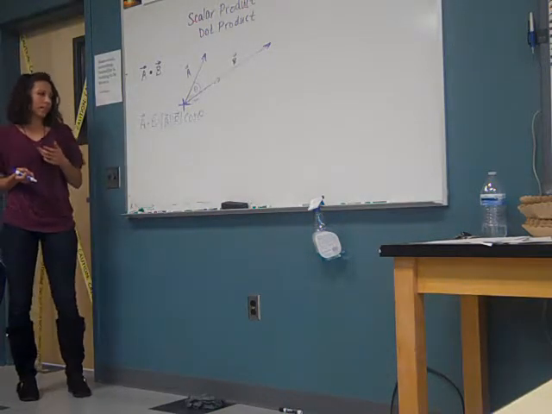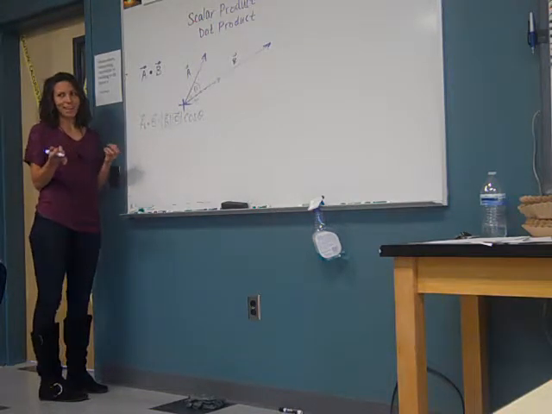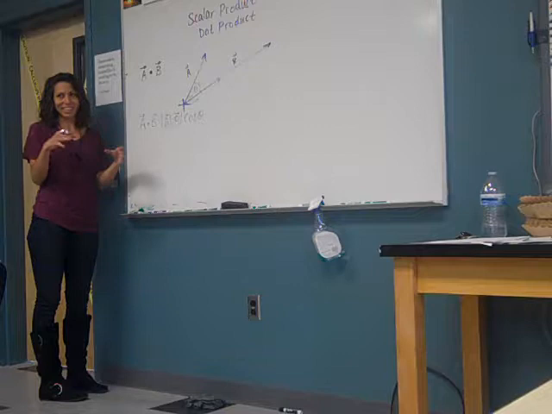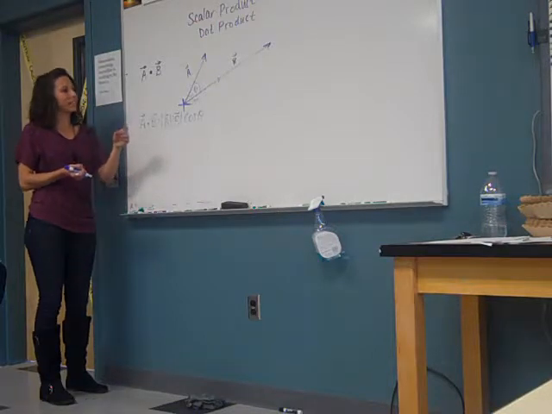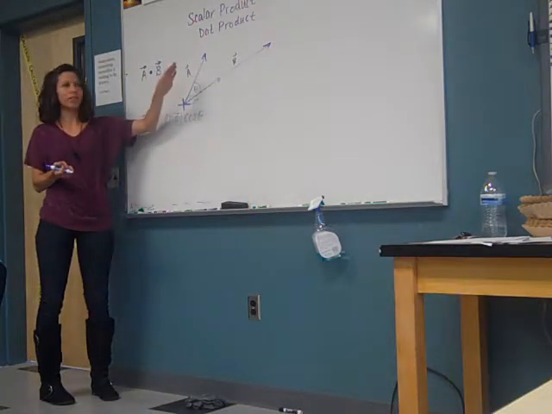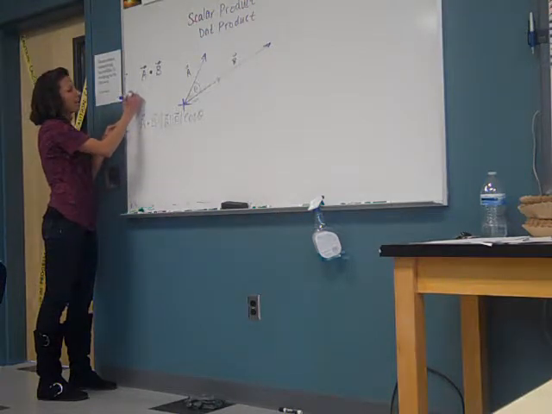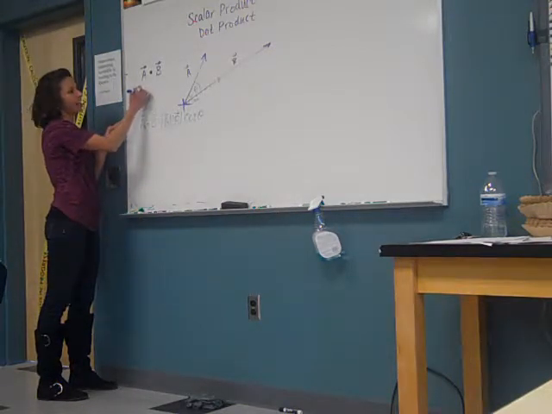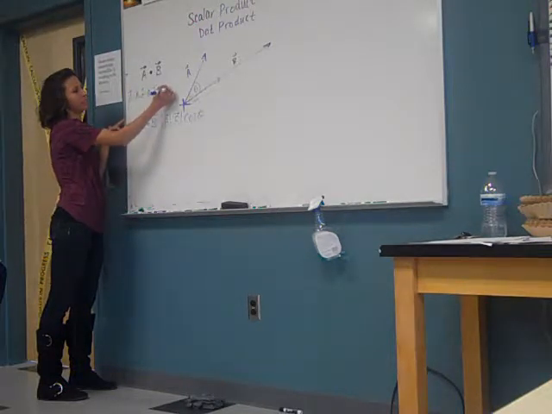The other way to take a dot product is to take the components of the vectors, multiply them together, and then add them together. For example, let's say instead of writing vector A as some magnitude with some angle, we say that vector A is equal to Ax x hat plus Ay y hat plus Az z hat.